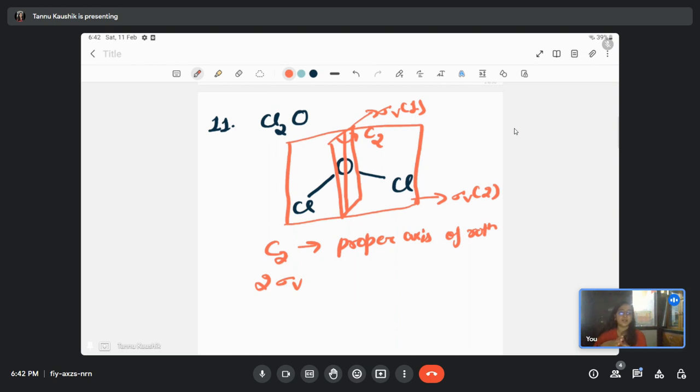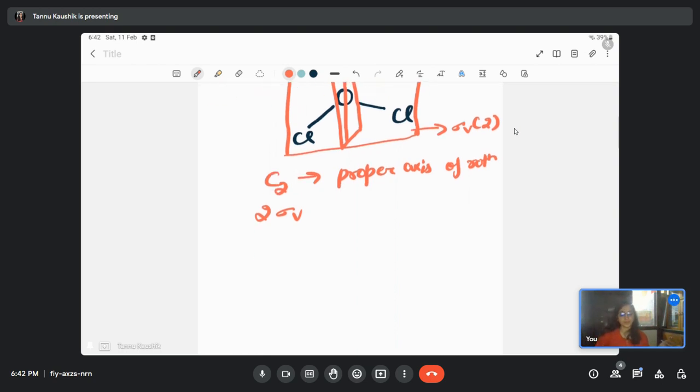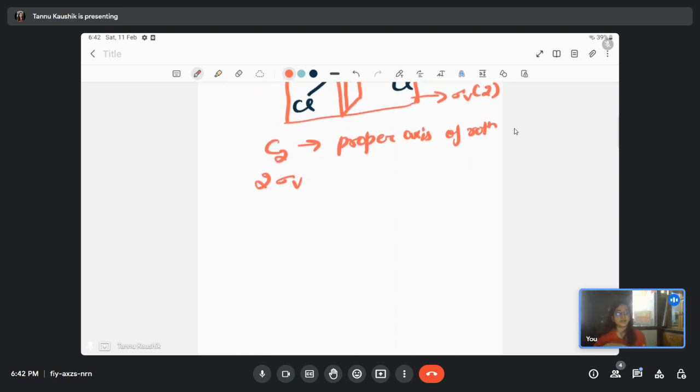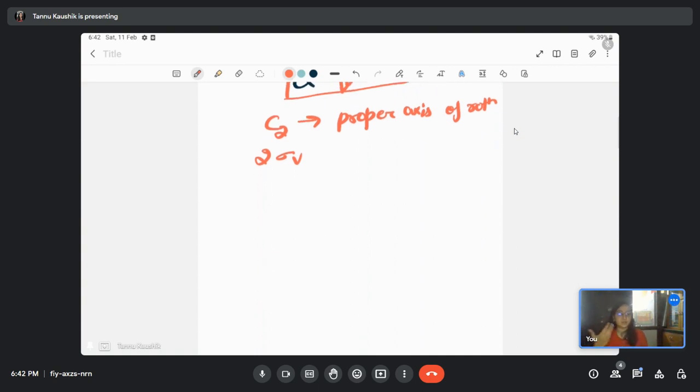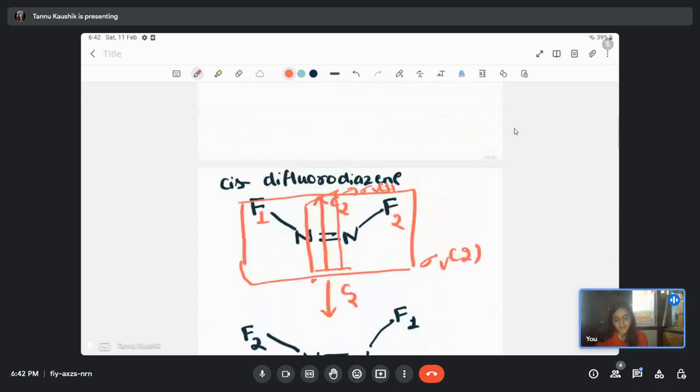If it has trigonal bipyramidal geometry, then you will get the same proper axes of rotation and the same number of planes in that molecule. When you practice these molecules, it will get easier. You will have to segregate these molecules based on their geometries, like octahedral, tetrahedral, or some similar to water.